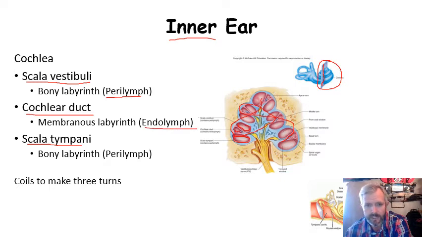Again, that endolymph is high in potassium. All right, so the sound waves come in, and the movement here is going to cause vibrations. It's going to move the sound waves into the fluid here in the scala vestibuli.